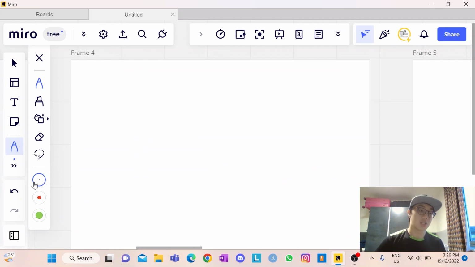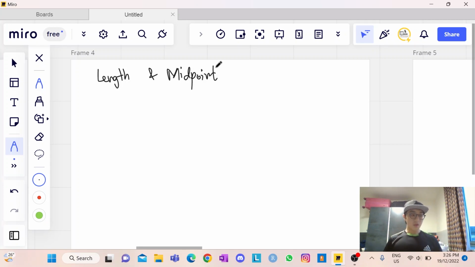Next, the third and final agenda for today, we are going to be looking at length and midpoint. The length between coordinates, as the name itself suggests, is the distance.